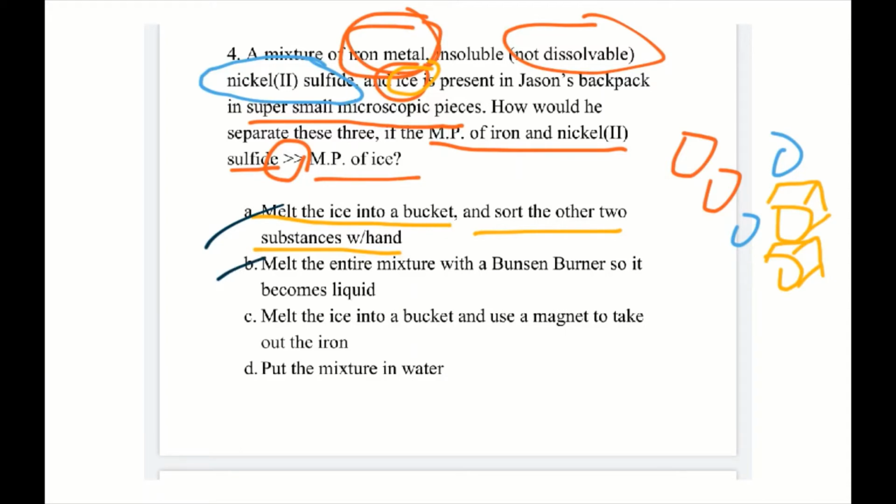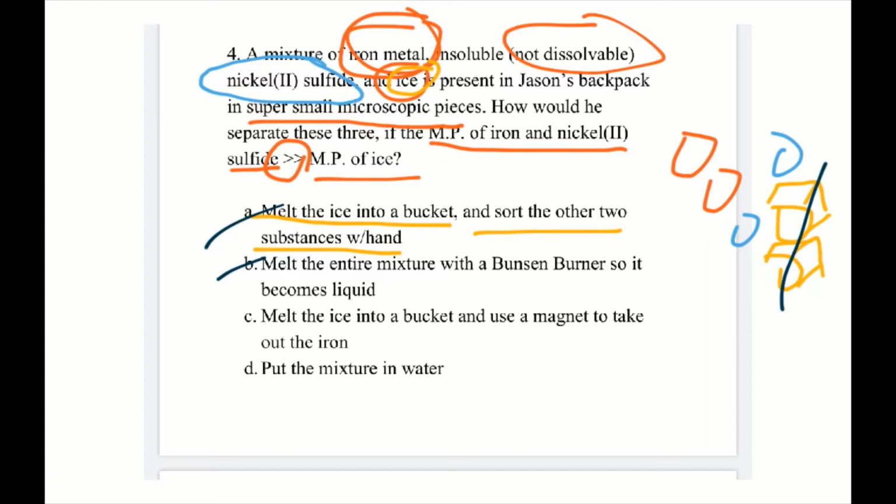C. Melt the ice into a bucket and use a magnet to take out the iron. Now we're talking. So if we melt the ice into a bucket, we are effectively separating the ice, and thus we can cross that out.